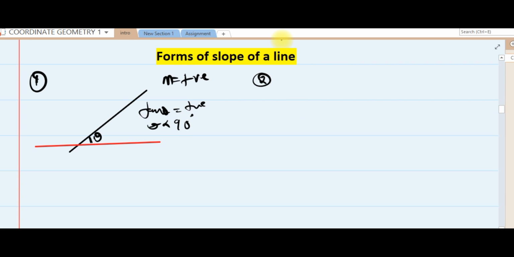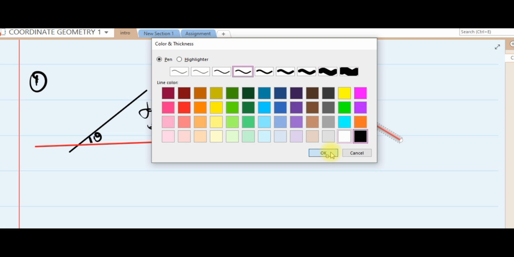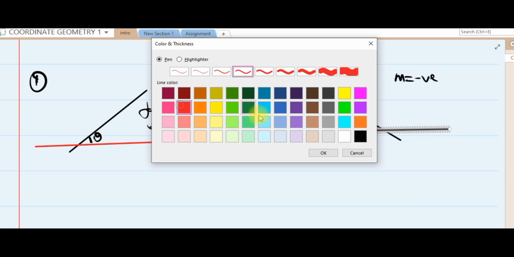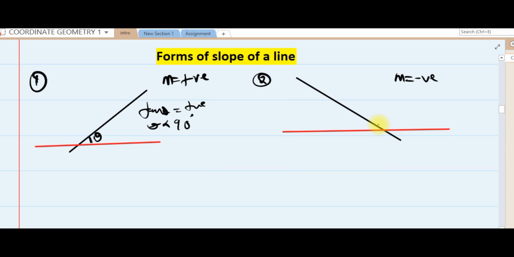But for this one, the slope M is negative, because theta is greater than 90 but less than 180.